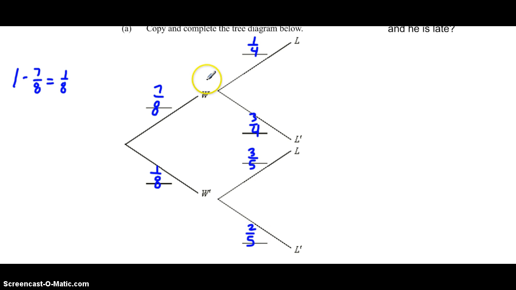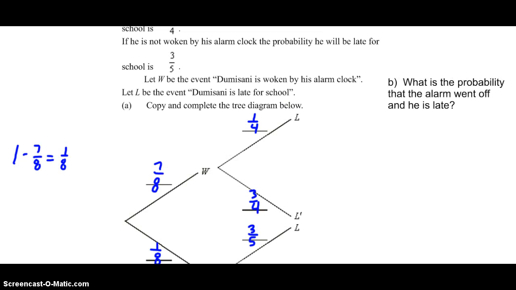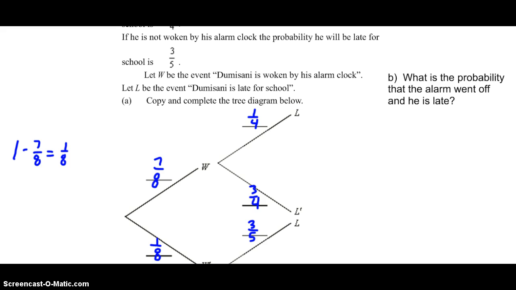Okay, so our first part was just copying and completing the tree diagram. Now we have one question, and there could be several questions in one like this, but we just have one for now, and that is, what is the probability that the alarm clock went off and he is late? So that would be where he is woken by the alarm clock and he is late for school, and we would multiply those two probabilities.